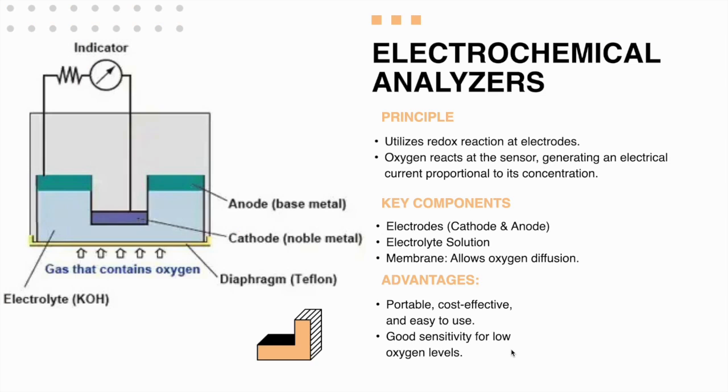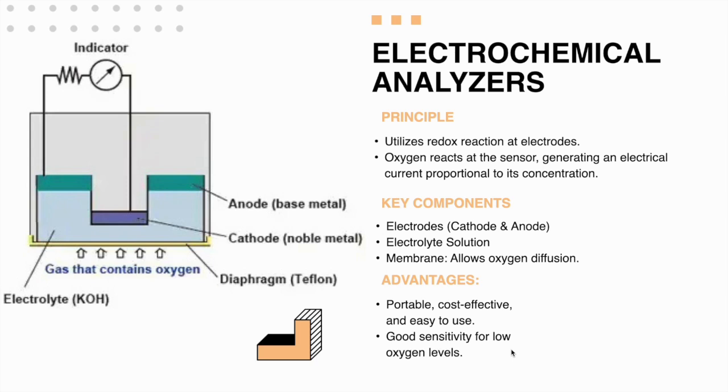So now moving on to the electrochemical analyzers. It is based on the principle that it utilizes a redox reaction at electrodes. The oxygen reacts at the sensor, generating an electrical current proportional to its concentration. The key components of this type of analyzer are, number one, the electrodes, which are cathode and anode.